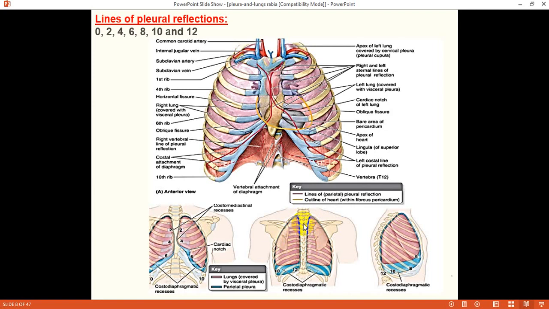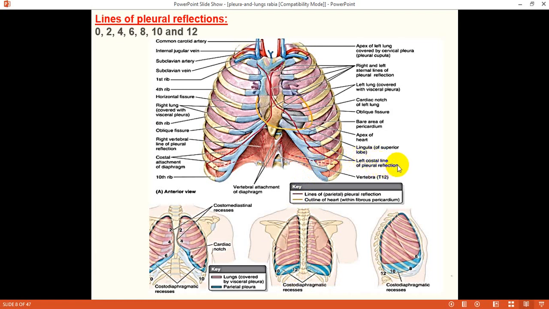So the vertebral line of reflection is going to line the paravertebral region from T1 to T12 vertebrae. Inferiorly they are continuous with the costo-diaphragmatic lines of reflection, which can simply be called costal lines of reflection.